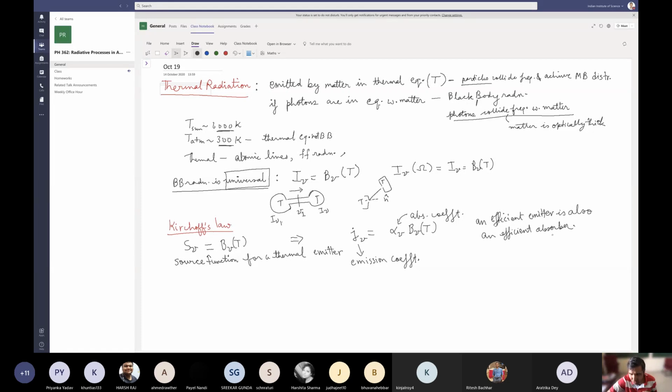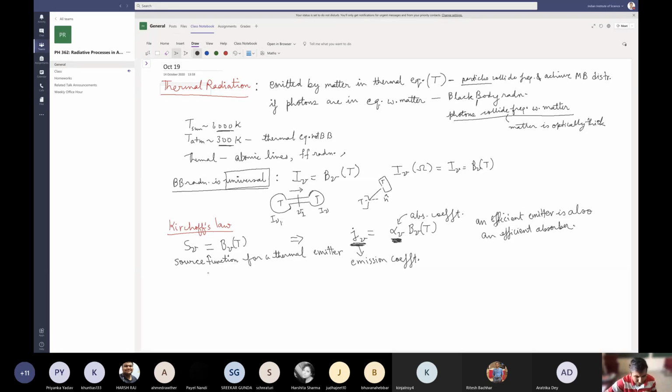This is actually very true, and you must have read this in your textbooks as well. And this is the reason for that. This is the emission property. This is the absorption property. So if you have a material which absorbs well, it will also emit well. And the reason for that is Kirchhoff's law, which is this, right? And we can actually see why this has to be true.